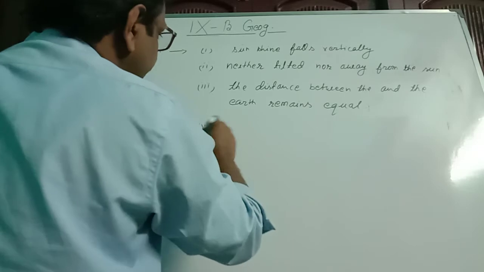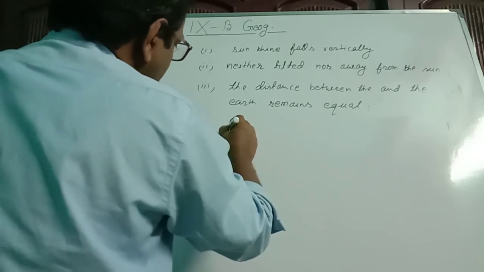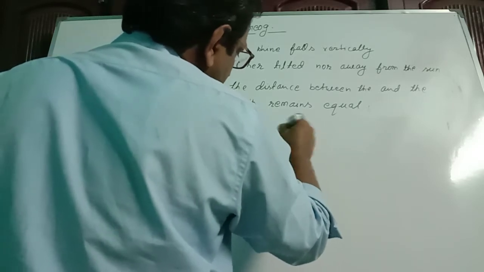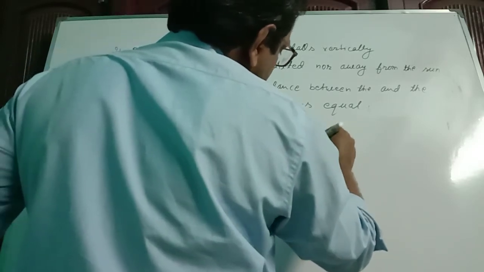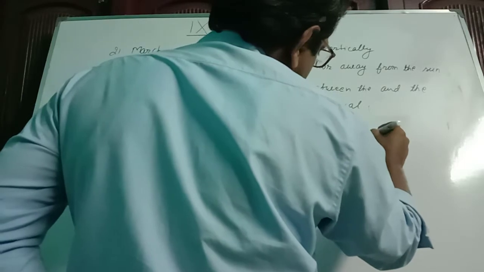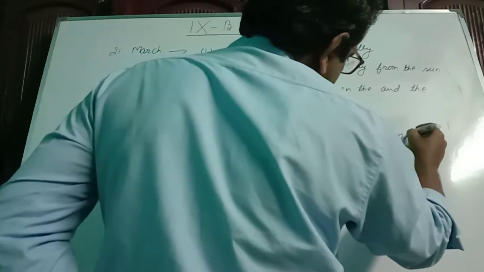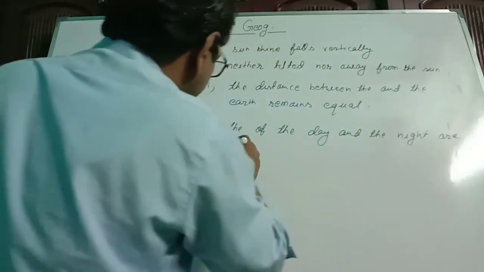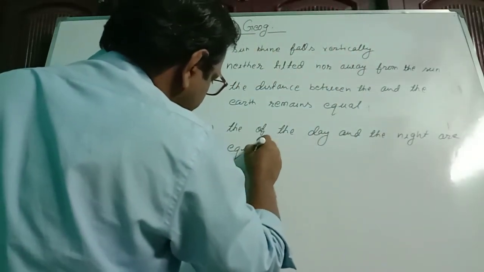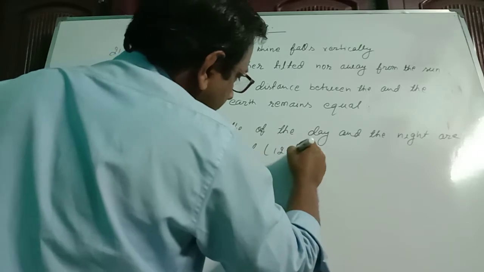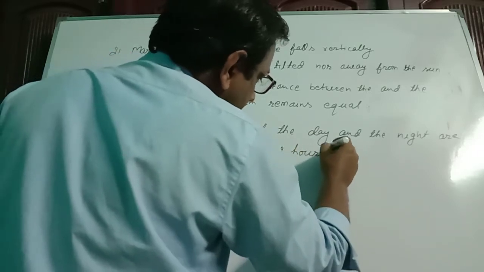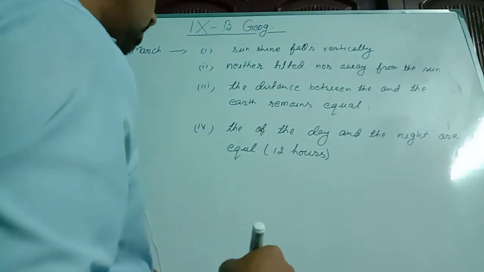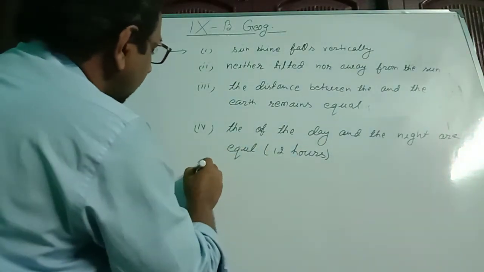Fourth, the length of the day and the night are equal, that is 12 hours. Means the length of the day and the length of the night will be equal, of 12 hours.